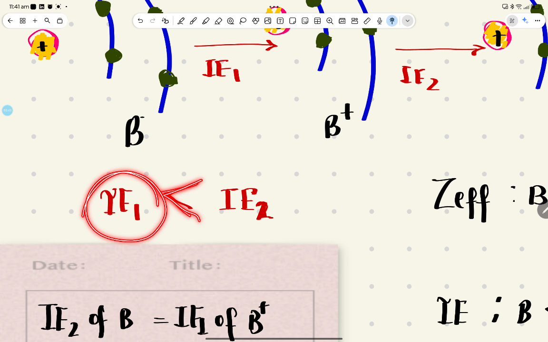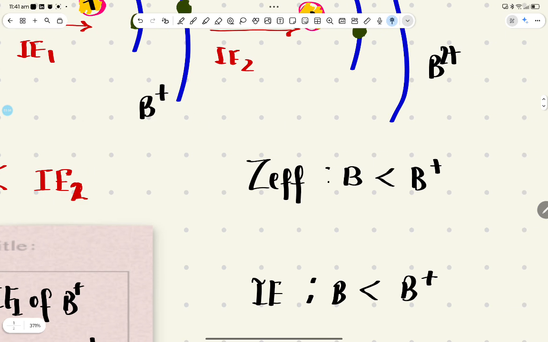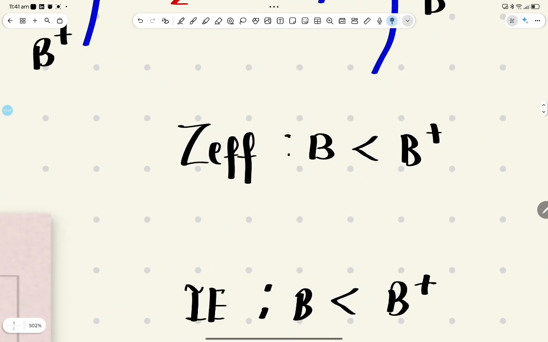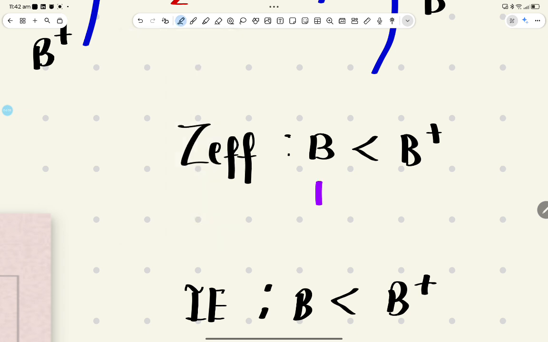So that is why we say that we will require more energy here to remove an electron from B positive. This energy is more than the energy required to remove the first electron from boron. This is how it is: ionization energy 2 is more than ionization energy 1. I have explained that Z effective in this case is more and it is lesser here, because you can compare the number of electrons and protons.